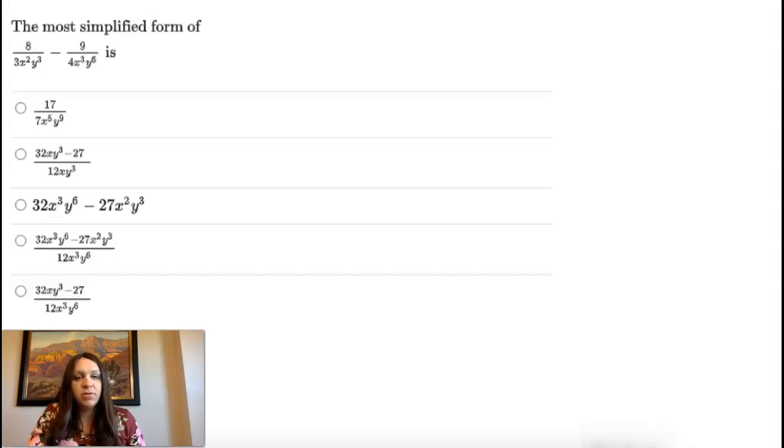Alright, so now we're going to combine these. So down here I have x plus 4. So I have 6 minus 3x squared plus 12x.